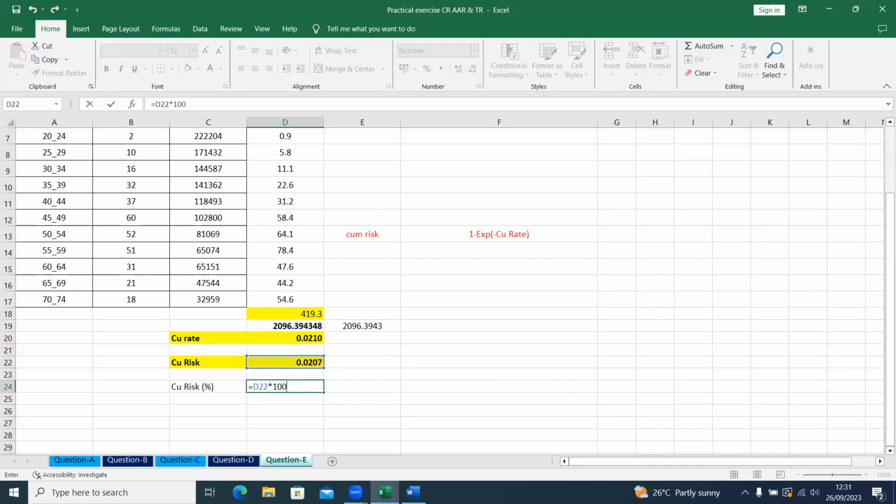Earlier I did, but again I changed it. Here again, if I reduce the points and mention 2.07, the answer is 48. So risk is 1 in 48.